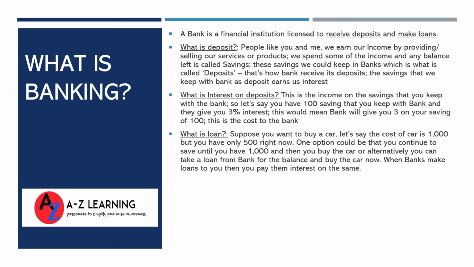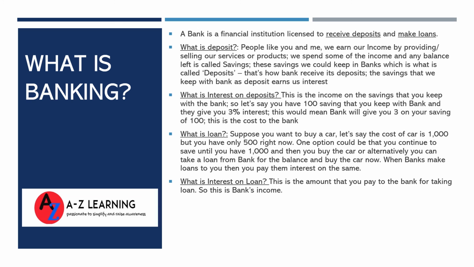Okay, so on the deposits, the money that we keep with the bank, banks pay us interest, which is our income and the bank's cost. On the money that we borrow from the bank, we pay interest to the bank, which is our cost and the bank's income. So that's how banks get their income and cost. Hope it is making sense.